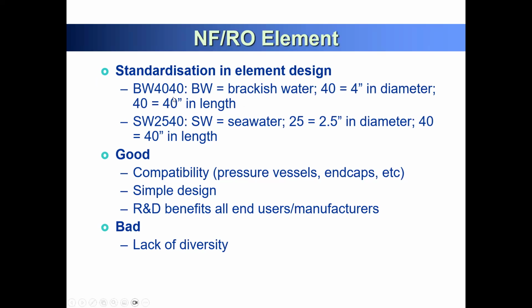What's the meaning of this: brackish water, 4 inches in diameter and 40 inches in length. So 40 inches is almost 1 meter, and 4 inches is almost 10 centimeters.